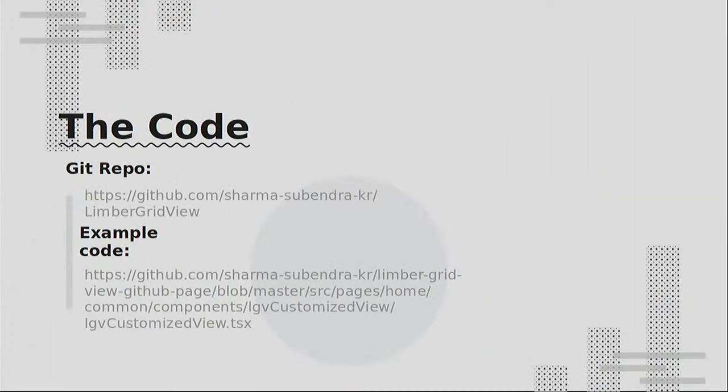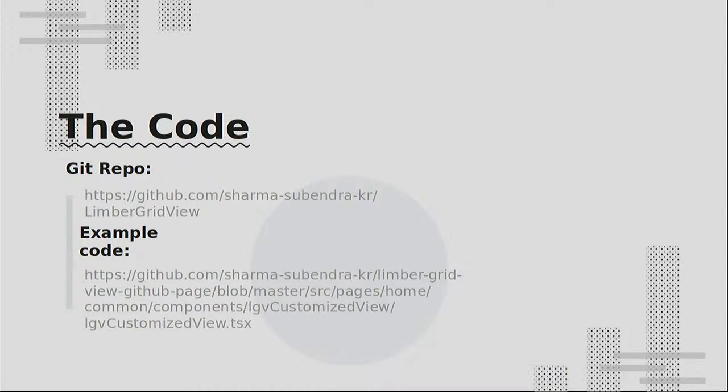You can access this library through my website, limber.in. There you'll find links to the GitHub repo and the example code. You can install it through npm. The instructions are there in the GitHub repo.